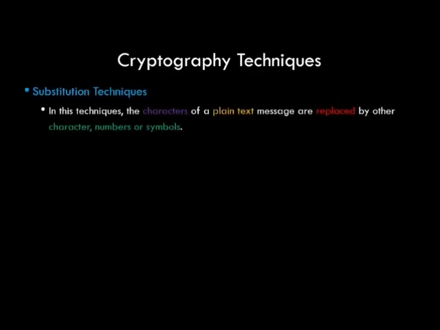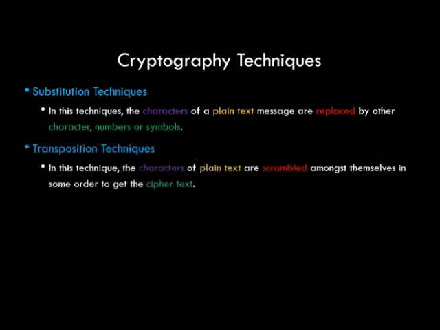Now we can understand the cryptographic techniques. First is the substitution technique. In this technique, the characters of a plain text message are replaced by other characters, numbers or symbols. Second is the transposition technique.